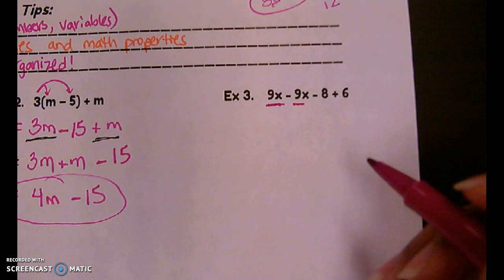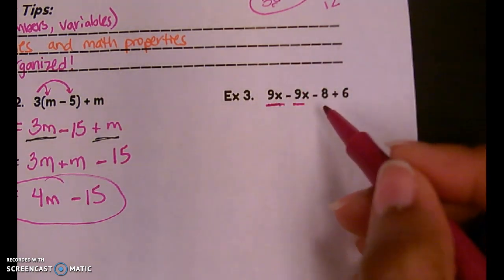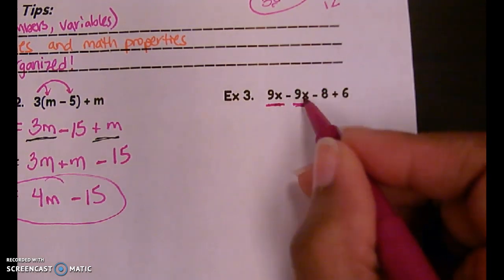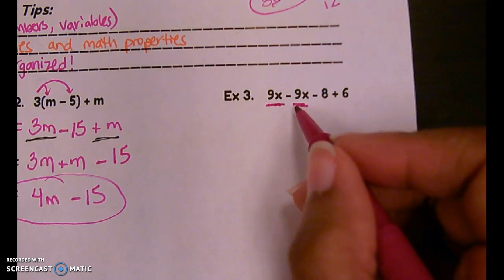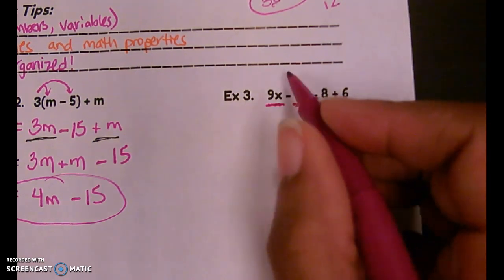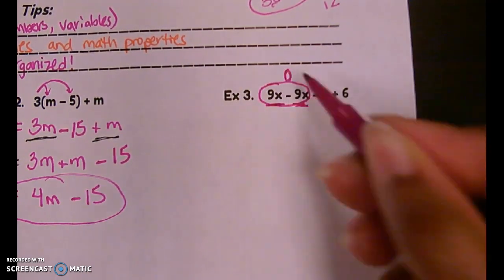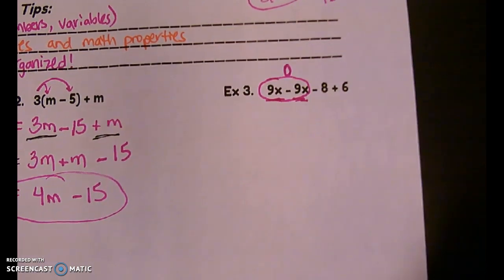Now, if I have 9x and I subtract 9x, and x is the same thing, we don't know what that variable means, but we know that x and x are the same. That's just like saying you have 9 pieces of candy and someone takes 9 pieces of candy. How many do you have left? The answer there is going to be 0. Okay? Because if we have a positive and an equal negative, they cancel each other out.